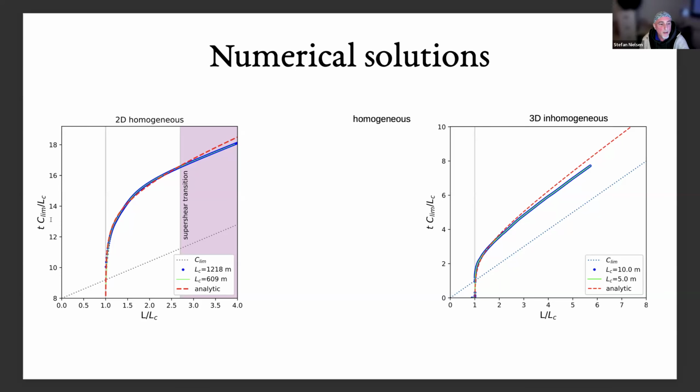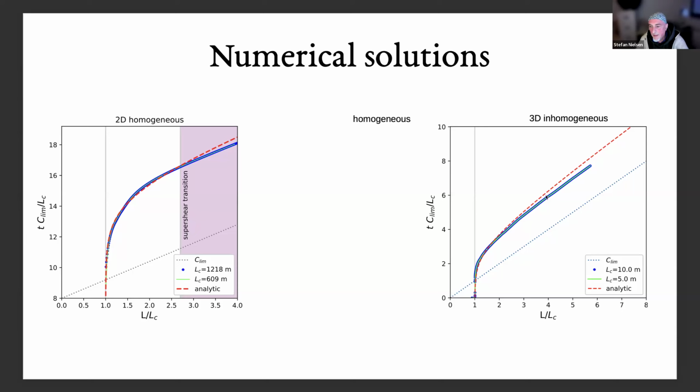And I normalized the numerical solutions and verified that they plot exactly onto each other. So the scaling is definitely preserved in spite of the solution being a little more complicated than the simplified one that I derived. And they both match pretty well the analytical solution with minor differences.